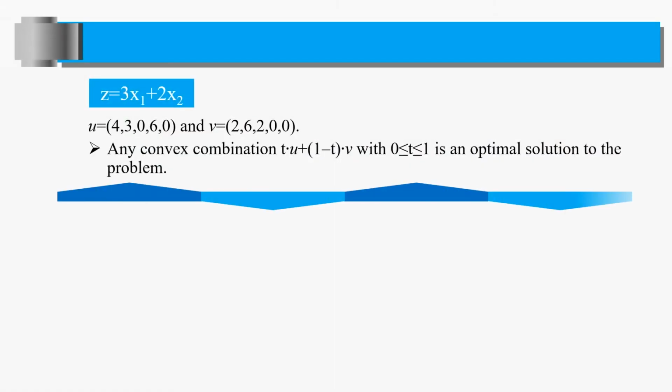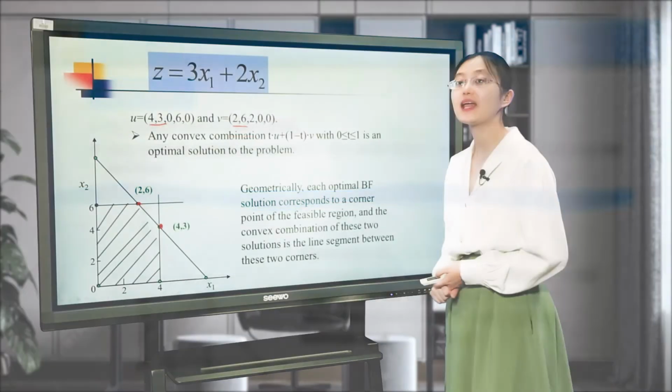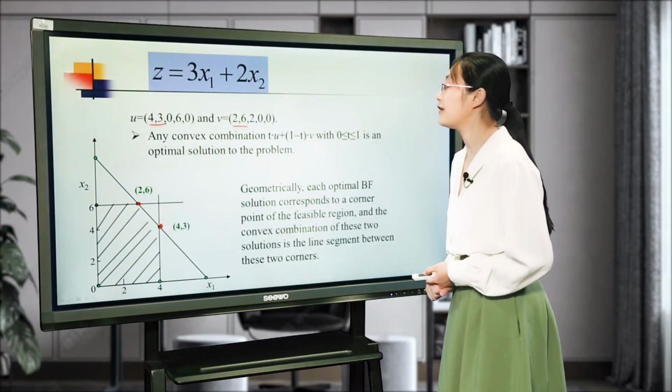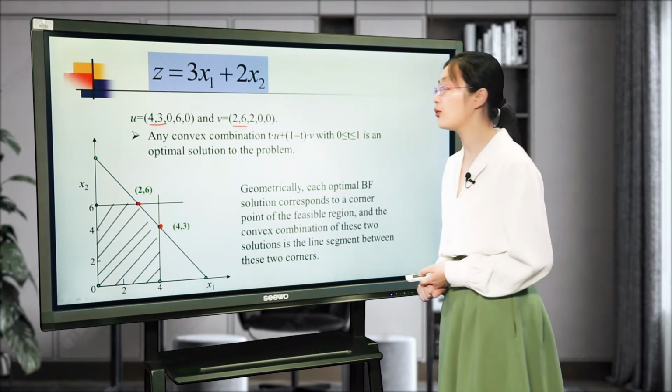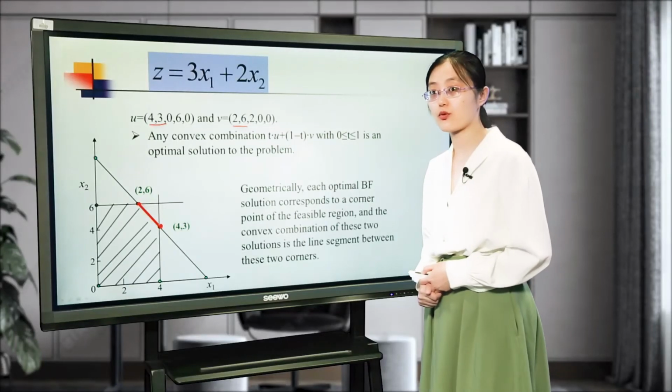Geometrically, what happens here is that if we draw the feasible region of our linear programming problem, we see the points (2, 6) and (4, 3) are two optimal CPF solutions. And then the convex combination of these 2 points is the line segment between these 2 points.